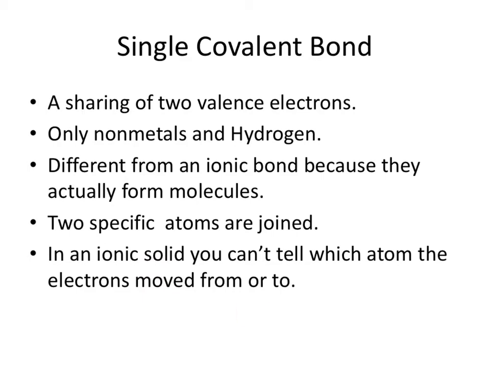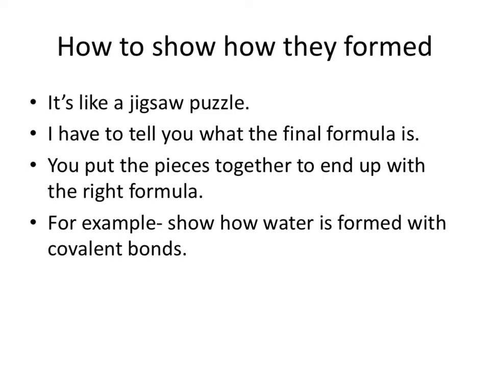You just know that the metals wanted to give their electrons away and the nonmetals wanted to take those electrons, but you don't have a specific atom that one went to the other one, to make, for example, salt. But in molecules and in covalent bonds, you know exactly which atoms are sharing what electrons with each other because it's always between 2.